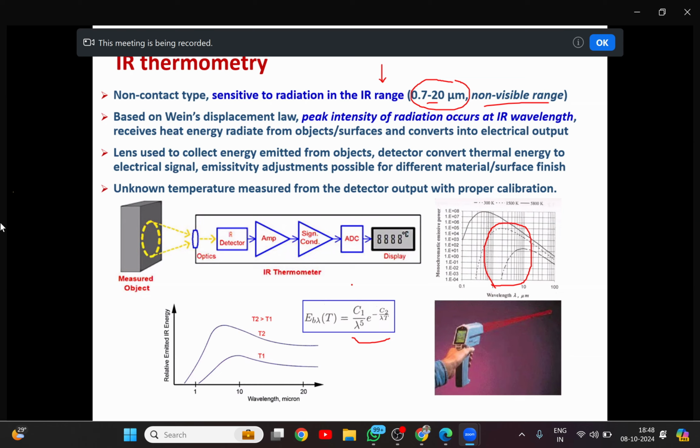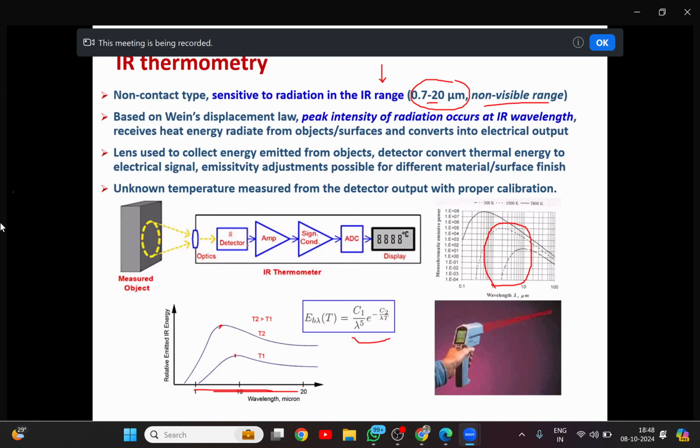Now, the principle is that in this temperature range, you are operating at 1 to 20 micron. Now you are measuring the emissive power, okay? And depending on the emissive power and the wavelength range, the maximum power happens at some temperature, right?